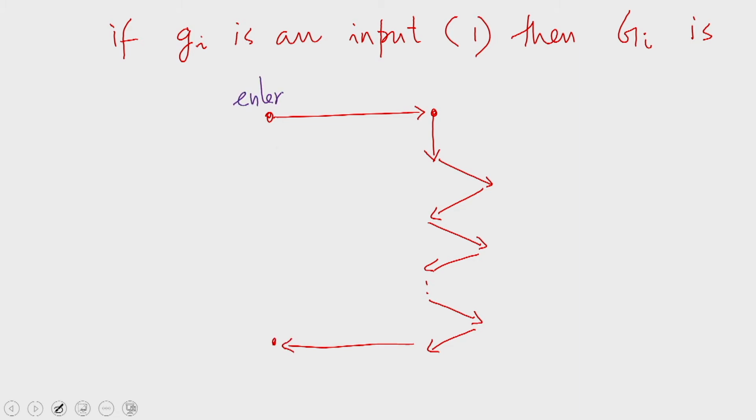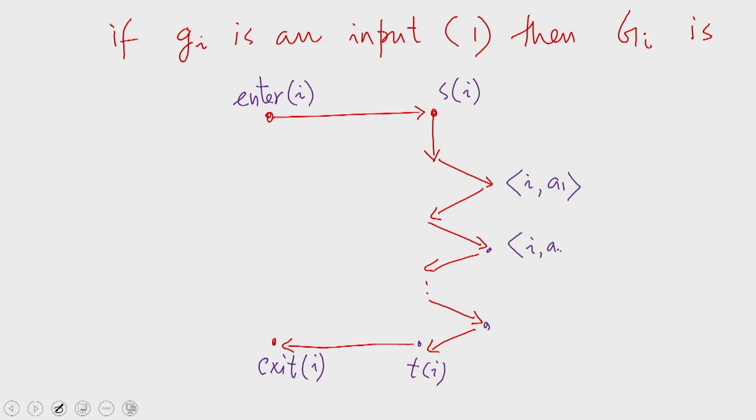This is the vertex called enter i. This vertex is named S of i, and this vertex is named T of i, and this is the vertex named exit of i. Now, we have some vertices here which shall be named iA1, iA2 and so on.